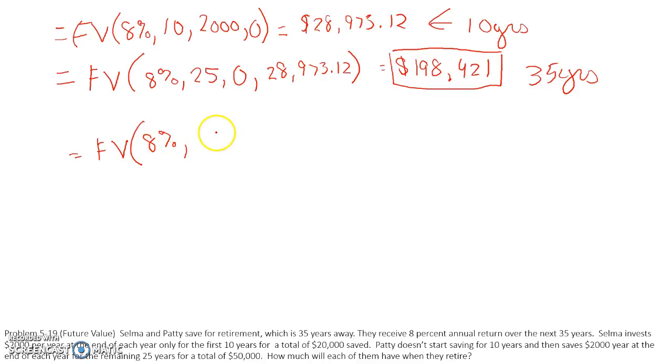She'll be saving $2,000 each year at the end of each year for the remaining 25 years. So her NPER is, oh, I'm sorry, that is not 2,000, it is 25.